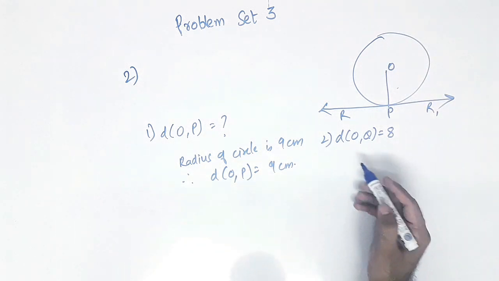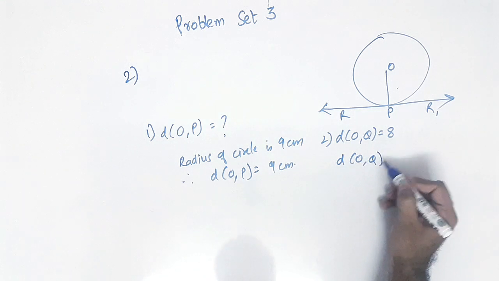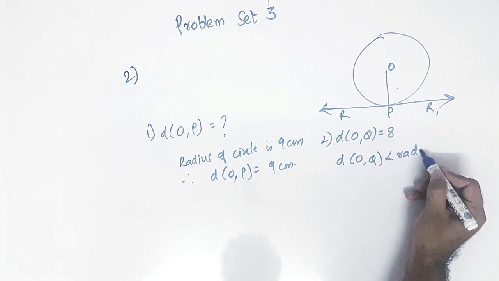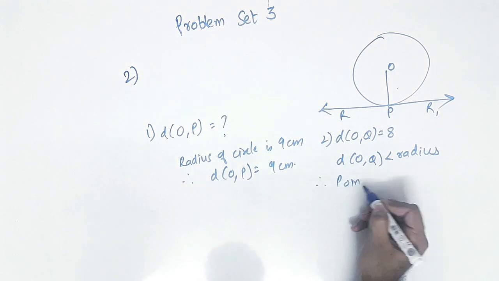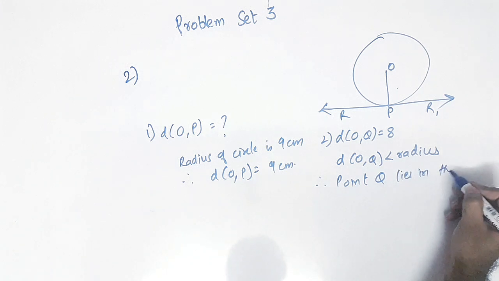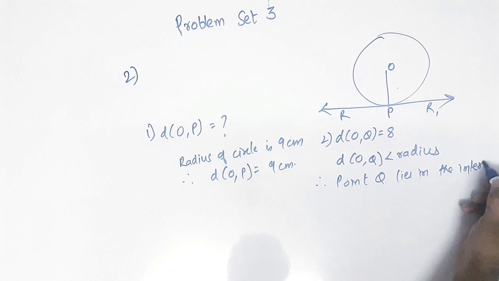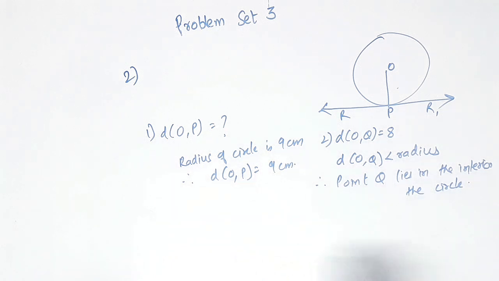So distance OQ is less than the radius. Therefore, point Q lies in the interior of the circle.